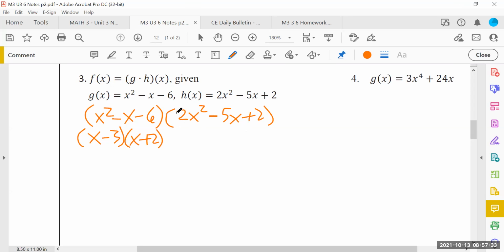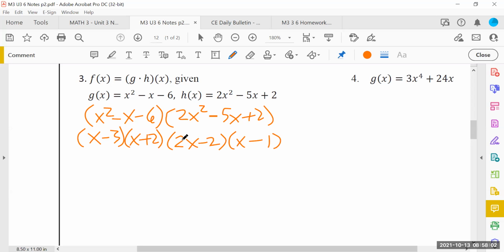Next, this one does have a 2 out in front, so we're going to have to do guess and check. 2x times x. What's the only way to multiply to make 2? Right, 1 and 2, 2 and 1. And if I need it to end up being a -5, it's probably going to need to be both negative. Does that make sense? So I'm just going to guess -2, -1.